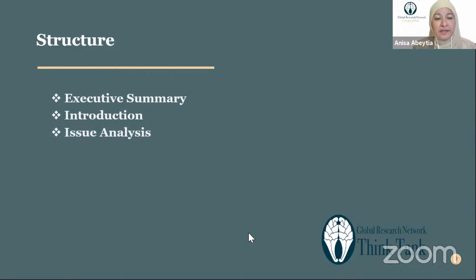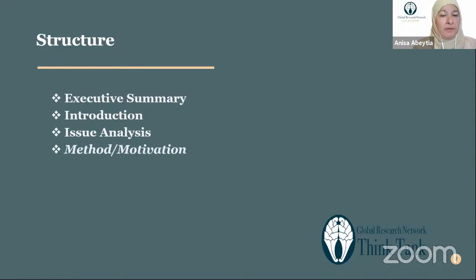Issue analysis is the next part. You want to get into analyzing the specific policy or program that you're discussing, similar to how you would analyze something within an academic paper, but your audience is going to be the general public, NGOs, elected officials, or any number of city managers or bureaucrats.